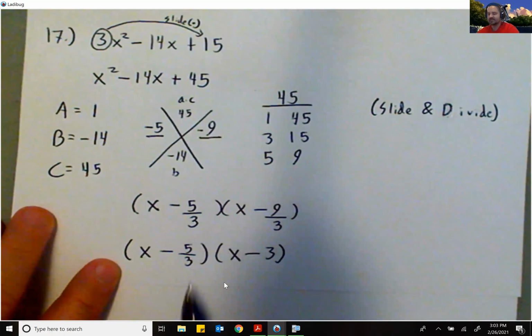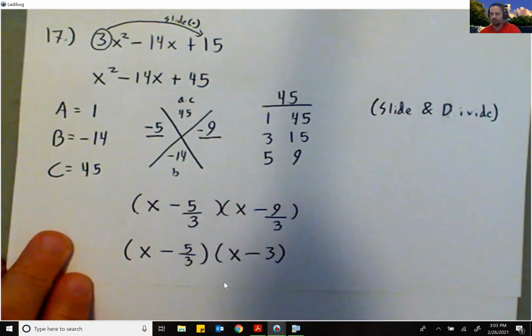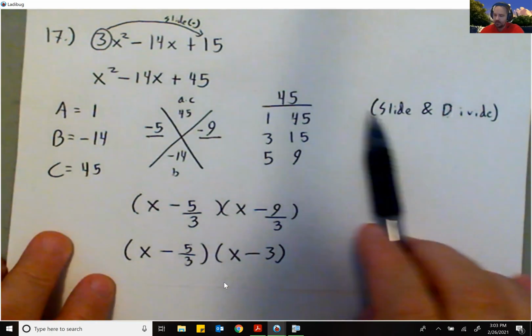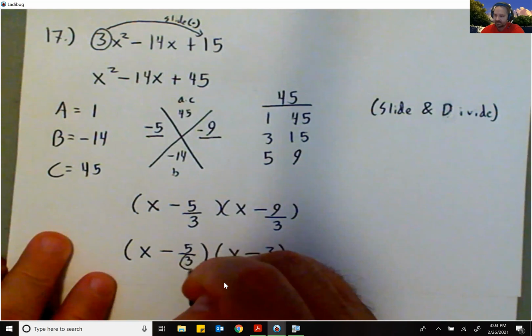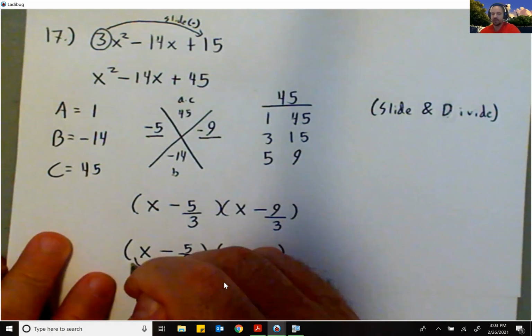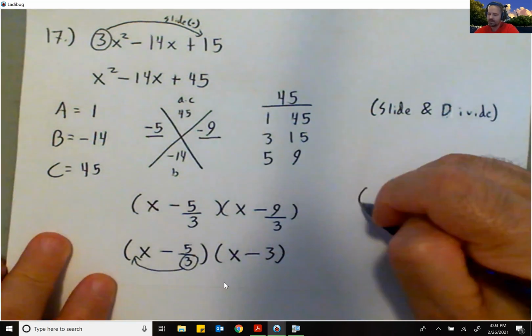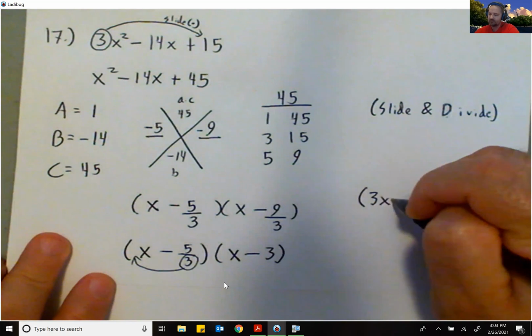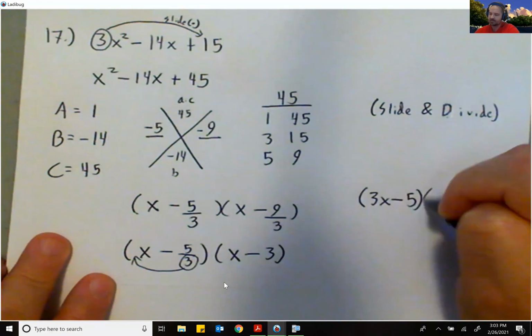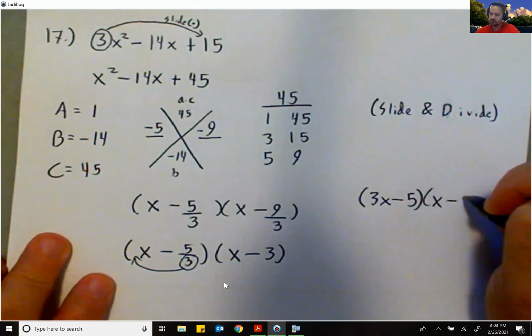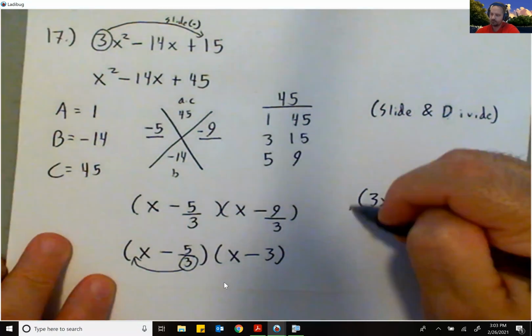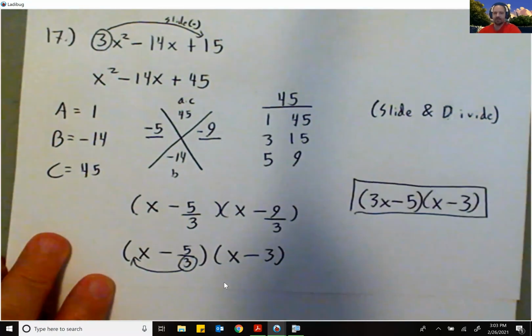Now, because this doesn't reduce, we're going to do another slide. All we're going to do is take this digit and slide it back in front of the X. So in the end, this factors to 3x minus 5, x minus 3. That's the full slide and divide method.